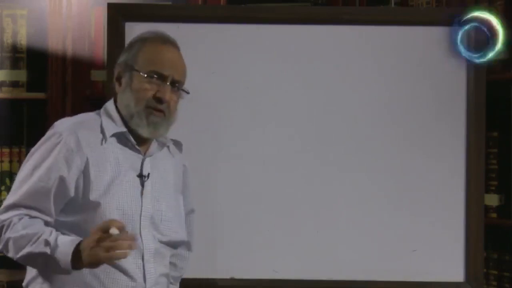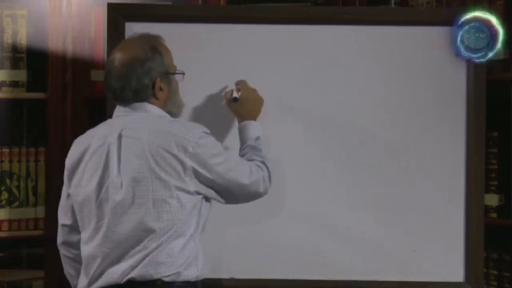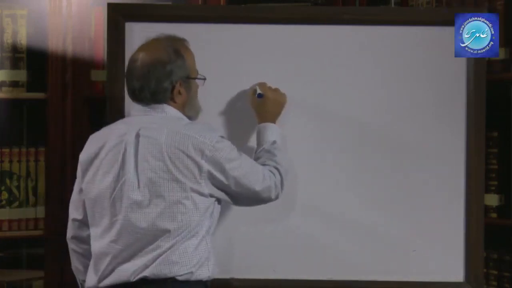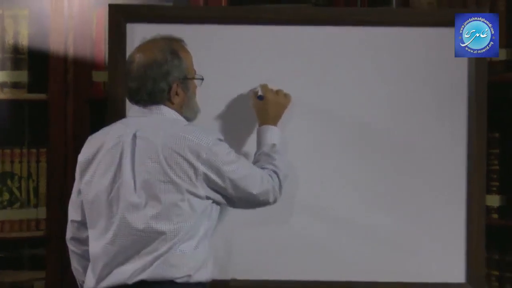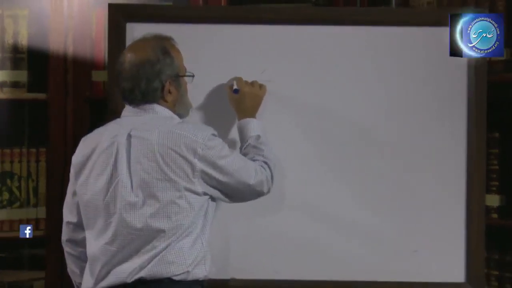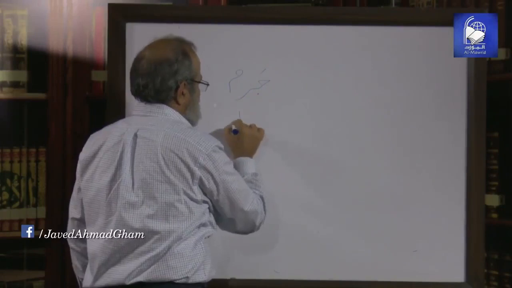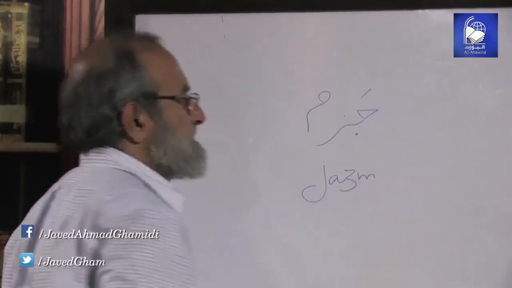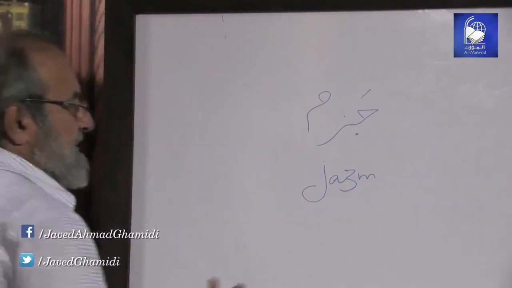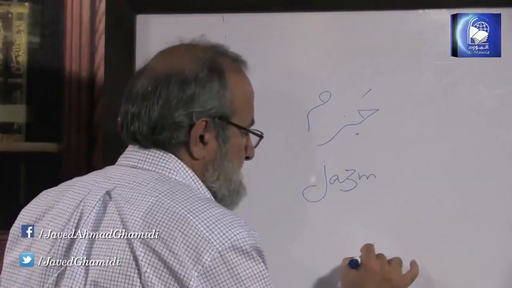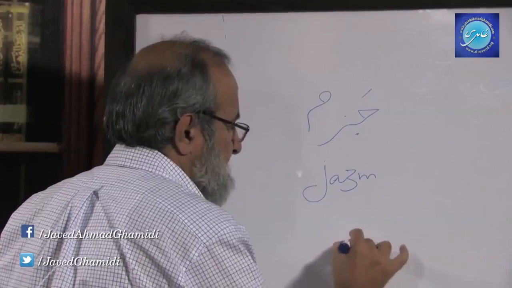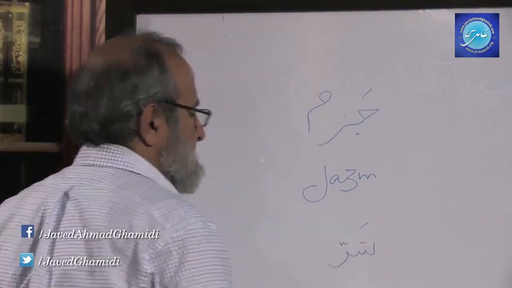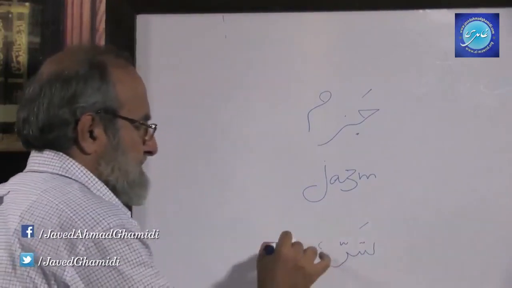When you read a word in Arabic, quite often you come across two expressions. One is what we might write as jazm. In English, it would be jazm. And the other is shaddah or tashdeed.